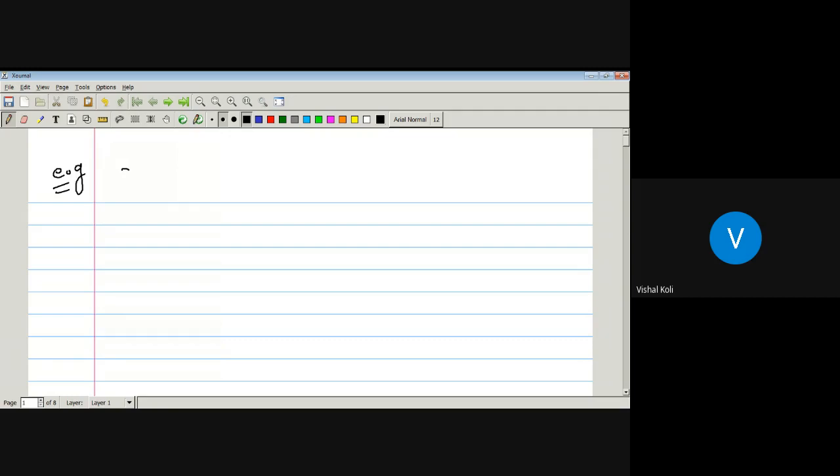Consider the lattice L in the below figure, that is figure A, which is nothing but this. This will be the vertex 0. Here is vertex A1, vertex A2, vertex A4.